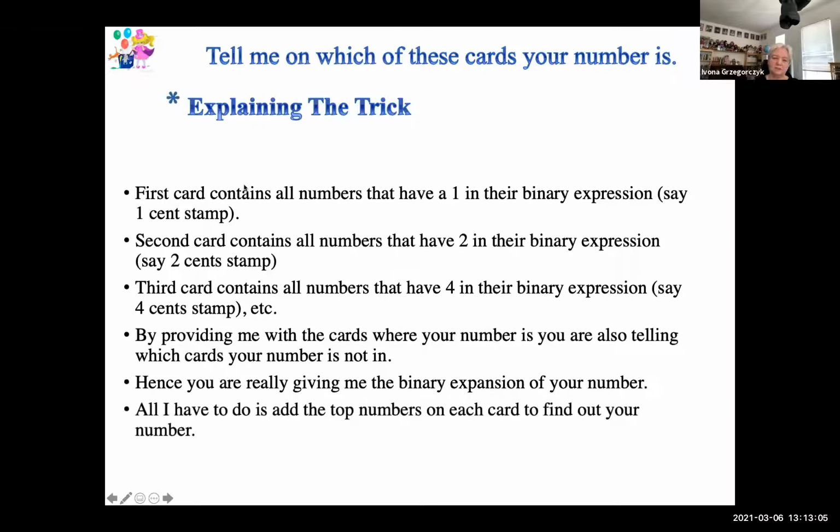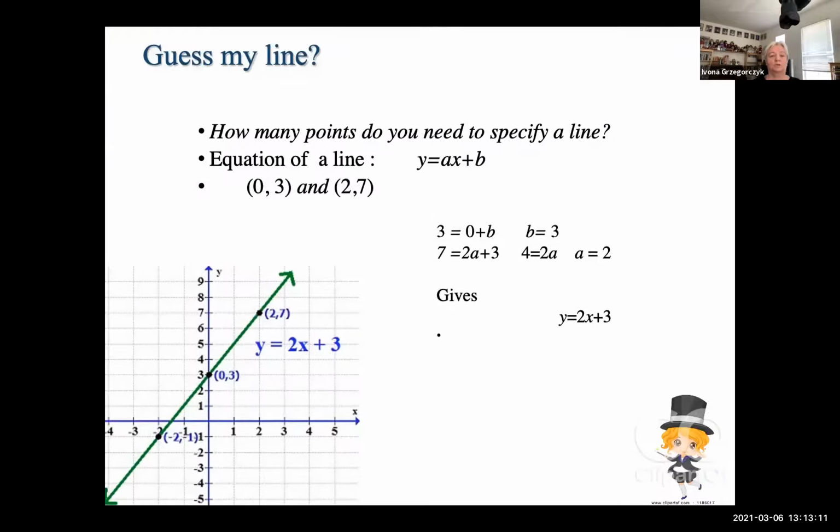Okay, so we practice all of this and we'll see what it has to do with algebra, because we are supposed to be in algebra. If I'm looking at a line, how many points do I need on the grid to say this is a specific line?